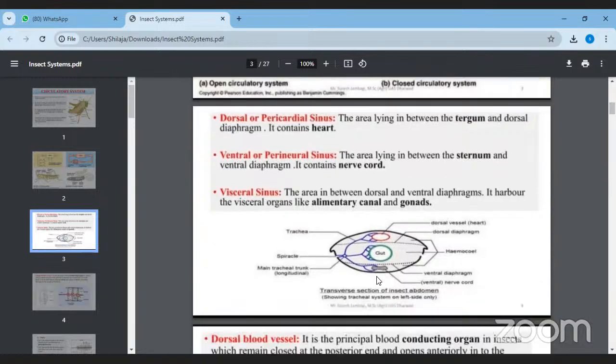When we see the transverse section, we will see all of them like this, including the trachea, that is the main spiracle through which the oxygen enters the insect and is carried through the trachea into the dorsal vessel and the dorsal diaphragm region of the insect.